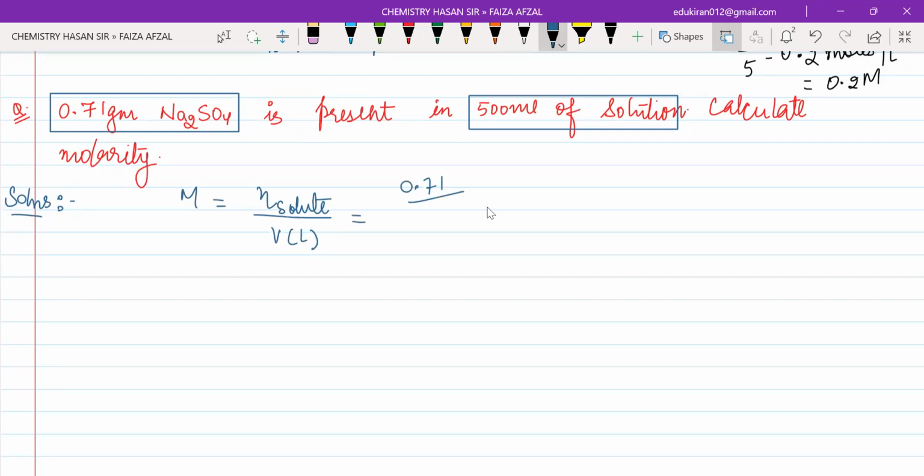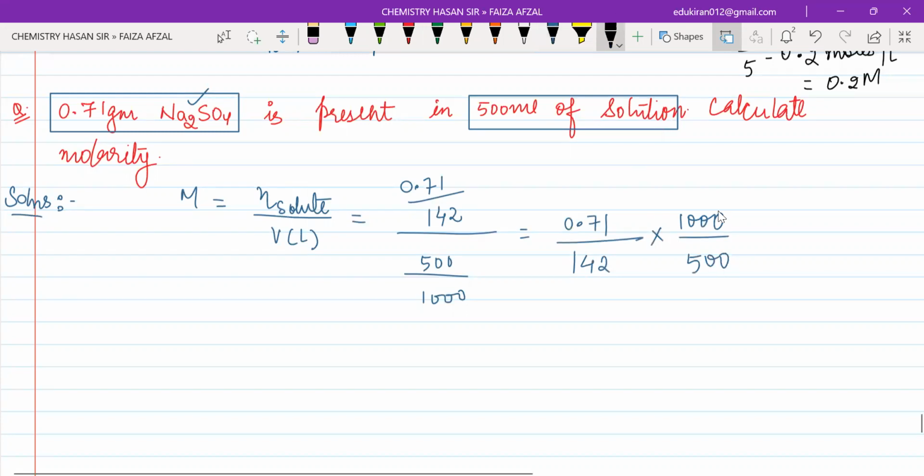What is the molar mass of Na2SO4 that you have calculated? 142. That's great, 142. And you know the volume is in milliliter, and if you want to convert it into liter, it will be this, right? So I'm going to simplify it: 0.71 upon 142 into 1000 upon 500.